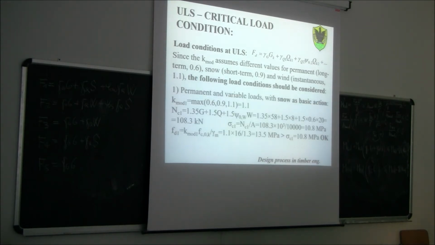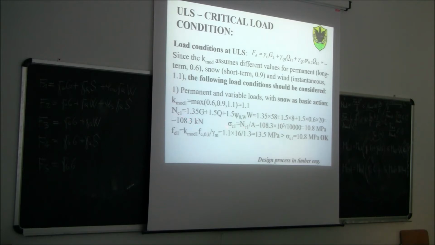Start with F1, where snow is the basic load: 1.35G plus 1.5Q plus 1.5 psi 0 times W. Psi 0 is 0.6. You get 108.3 kilonewton.